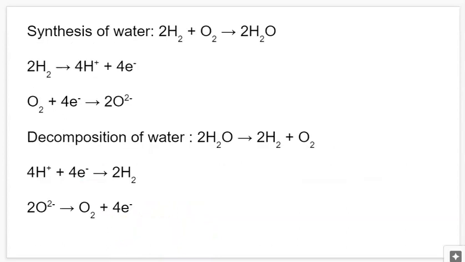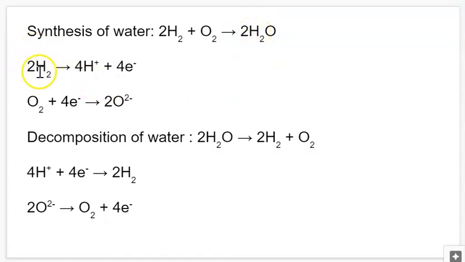So like I mentioned, we can split these up into half reactions. For the synthesis of water, we start with neutral hydrogen and neutral oxygen, making a water molecule. And while water molecules aren't exactly ionic, we can talk about the hydrogen as being +1 charged and the oxygen as being 2- charged when we split it up. So we start with neutral hydrogen, 2 of them, and that is turning into 4 H+ because we have 2 times 2 H's in the 2 water molecules.